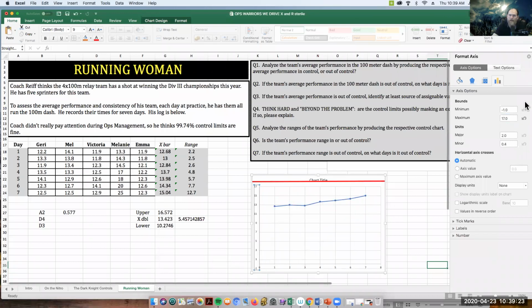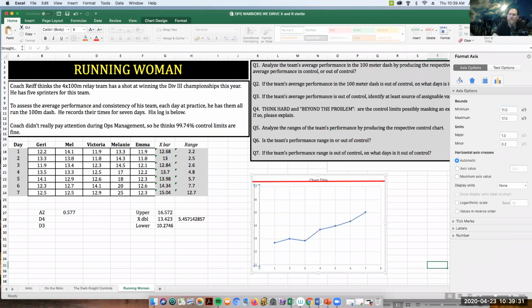I don't like that. And it adjusted my minimum value. Let's try 11. You know, I don't really like that.